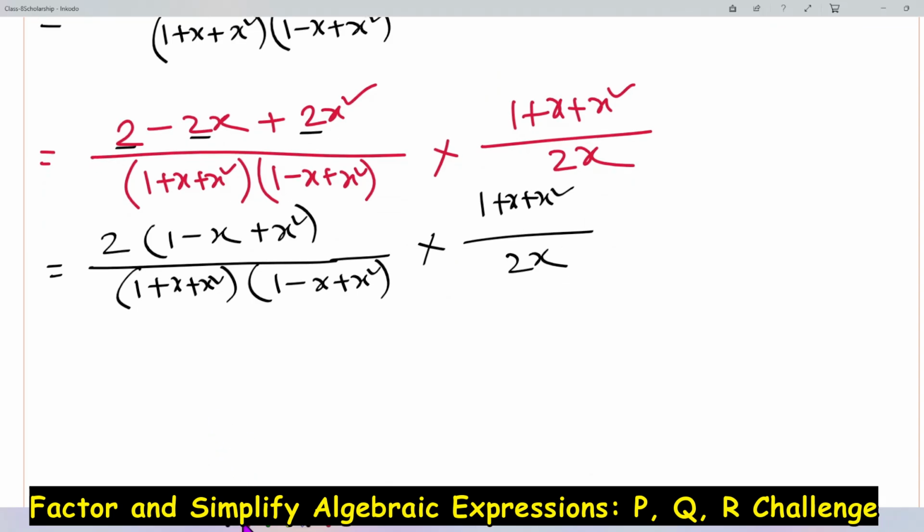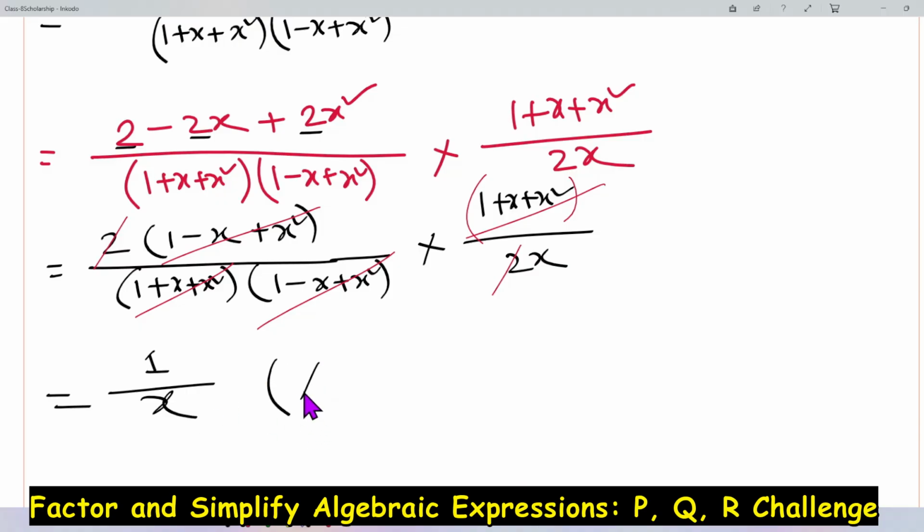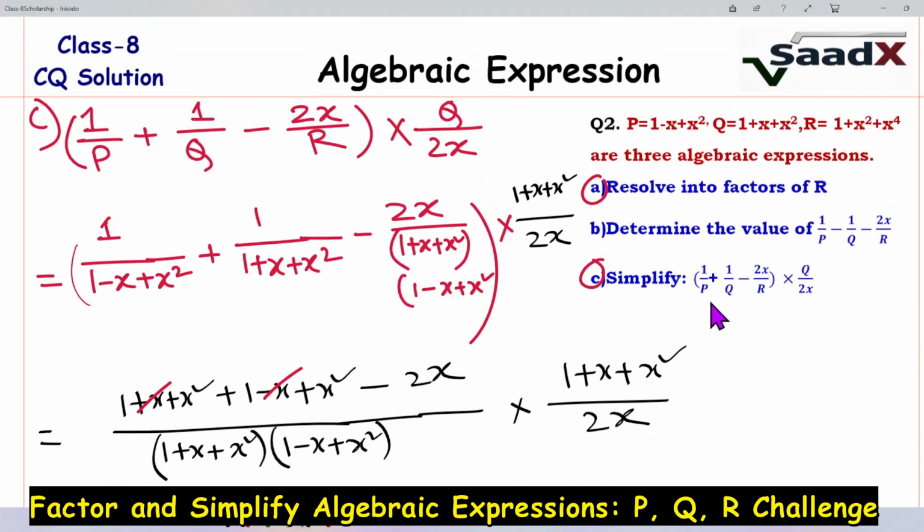Okay, now interesting thing, here is 1 minus x plus x square, we can divide with this one, and here is also 1 plus x square, we can divide this one. These two divide 2, ultimate answer will be 1 divide x. Very simple. So we are trying to solve a creative question.